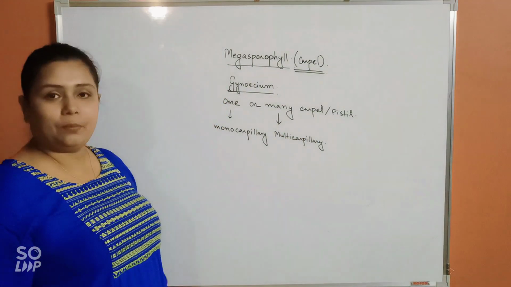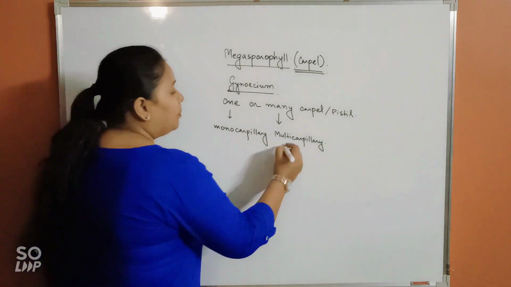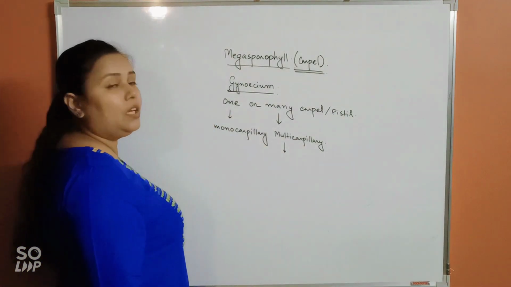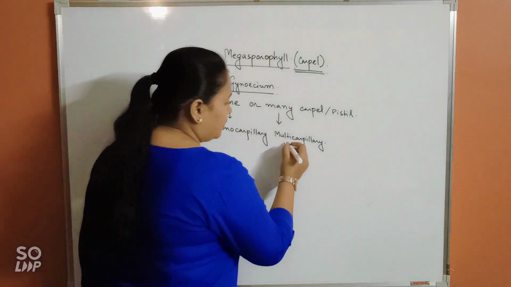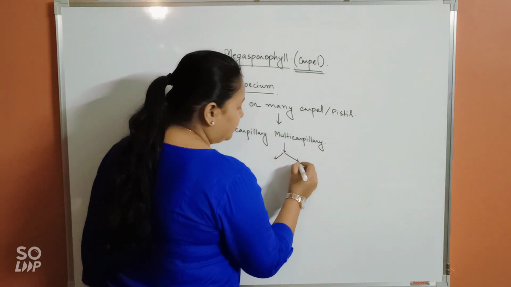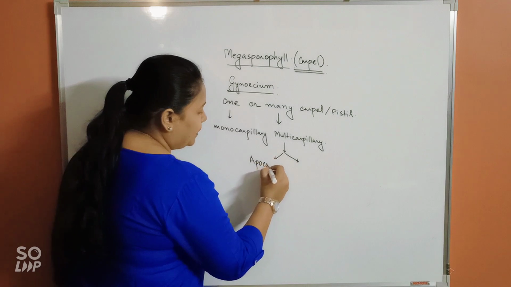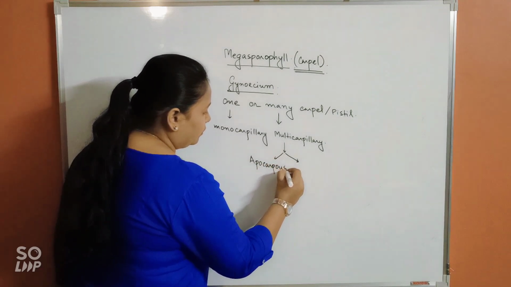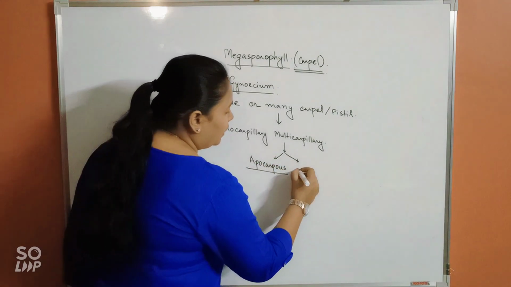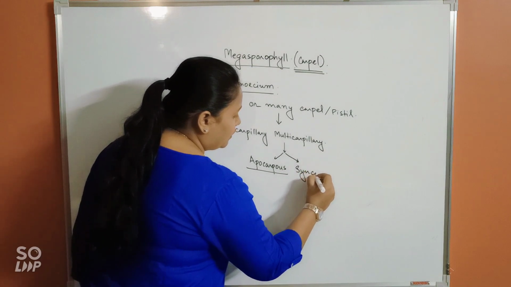Monocarpellary and multicarpellary. Okay. Multicarpellary condition can be again of two types. Alright. That is apocarpous or syncarpous.